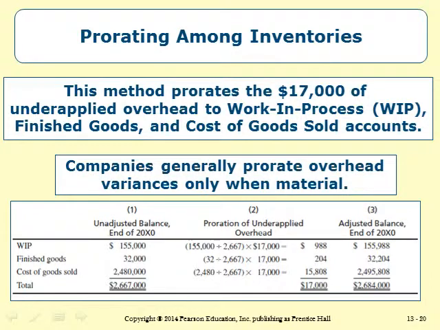Right, because the two amounts being prorated, which is different from option one, are just $155,000 and $32,000. In actual practice, companies generally prorate overhead variances only when it would materially affect inventory valuations and net income. For simplicity, we will assume for the rest of this chapter that companies immediately write off any over or under applied overhead.